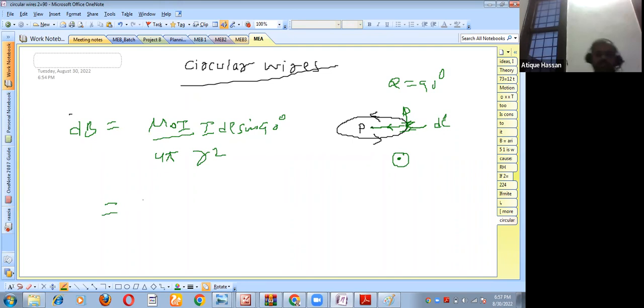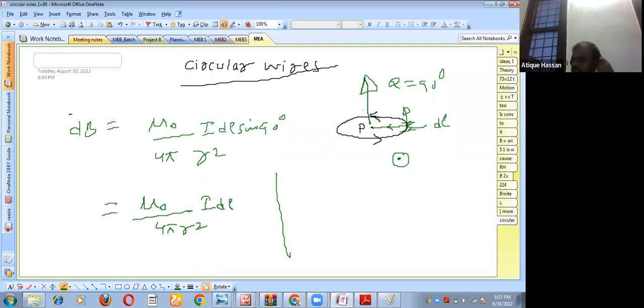So we will get it as mu naught I by 4 pi r square I dl. Now the field will be in this direction, right? The magnetic field will be vertically upward like this. Have you understood the direction? Your magnetic field will be vertically upward.